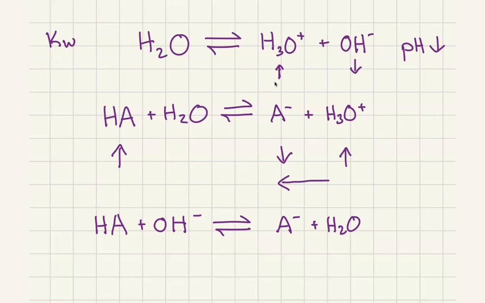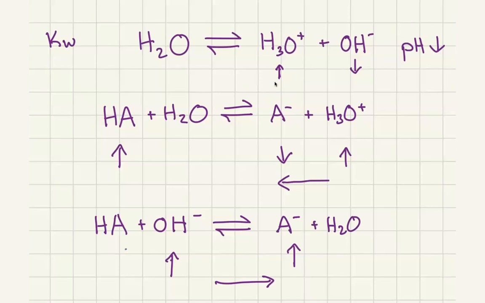Instead, it's going to increase our pH. So we're adding a reactant in this case, we're going to shift things to the right, and we're going to generate more of our conjugate base. A bit of the OH minus that we add is, first things first, going to react with the strongest acid in there.